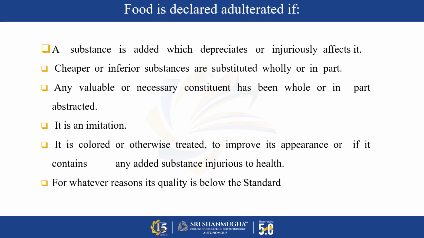So how is food declared adulterated? Adulteration can occur in several ways. They can include mixing unwanted substances into the food or substituting the quality with inferior products, sometimes hiding the actual quality of the food, selling spoiled or decomposed food, misbranding or giving false labels.